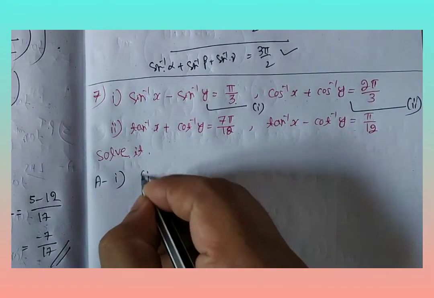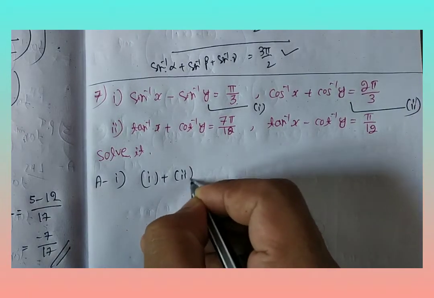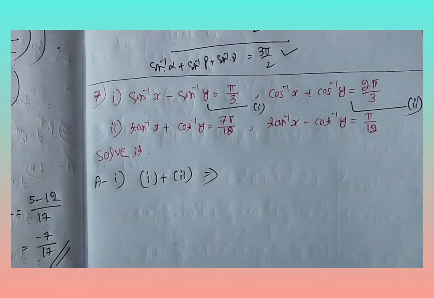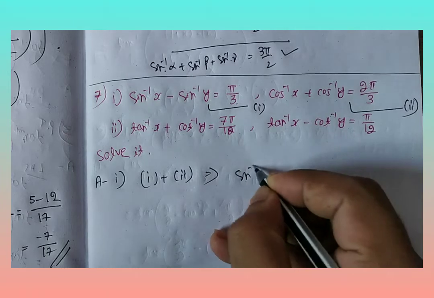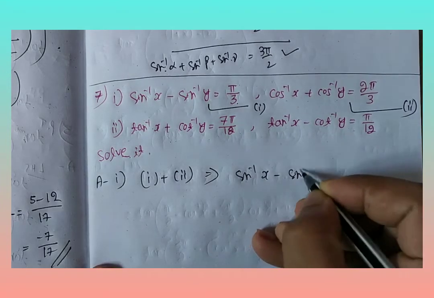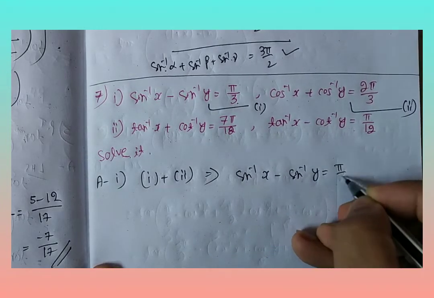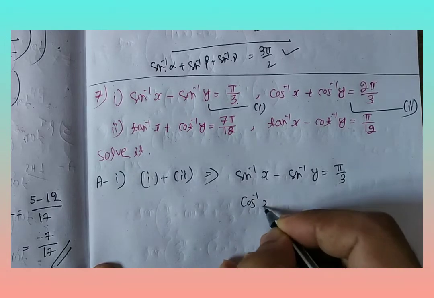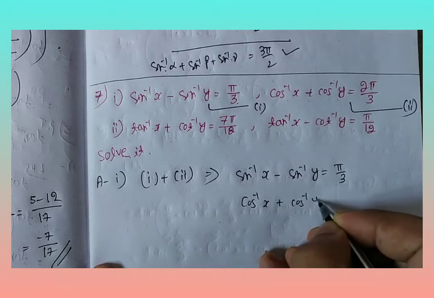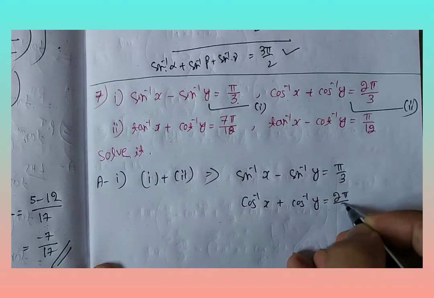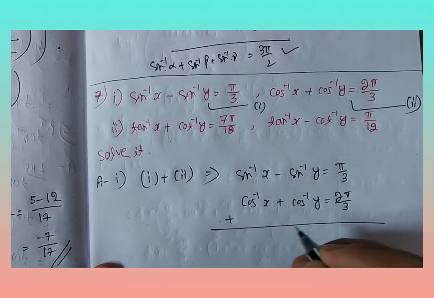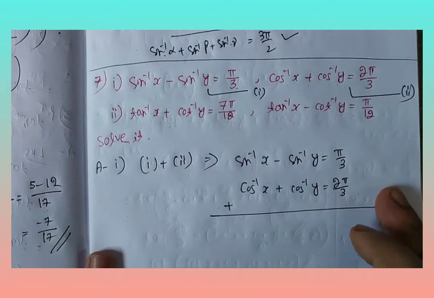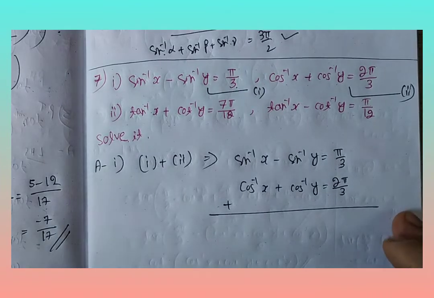Similarly, second bit. Trick: first add equation 1 and equation 2. If you add these two equations, what will we get? And why will we add these two equations?